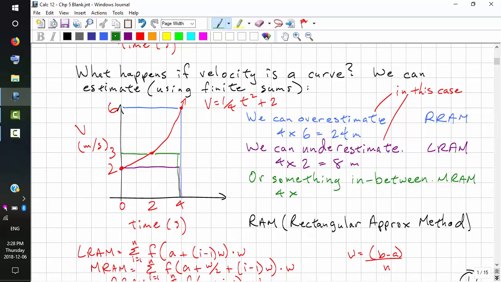And we can get something in between using the middle value. This is 3 meters per second, so we get 12 meters. Right rectangular approximation method, left rectangular approximation method, and middle rectangular approximation method.